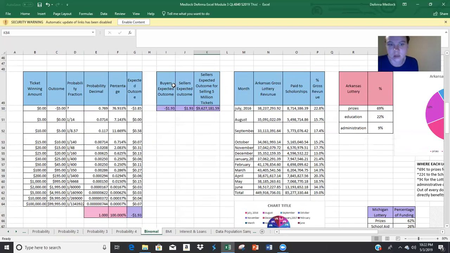Your expected outcome would be negative $1.93, and the seller's expected income is that they make $1.93 for every ticket that they sell. And so if they sold a $5 million ticket, they would gross $900,627,181.59.